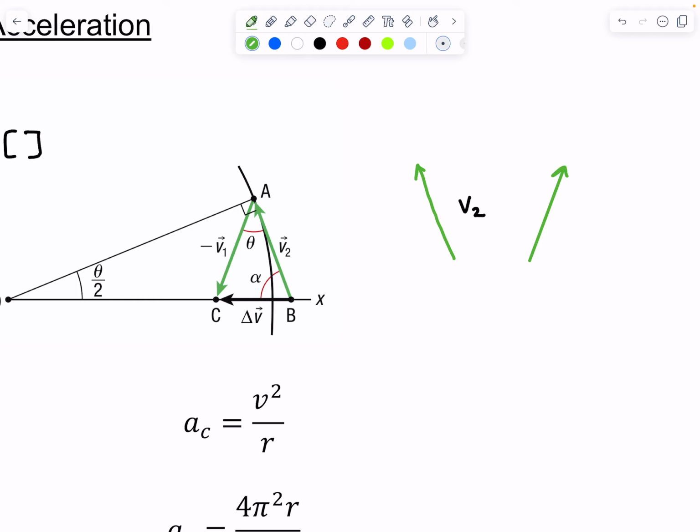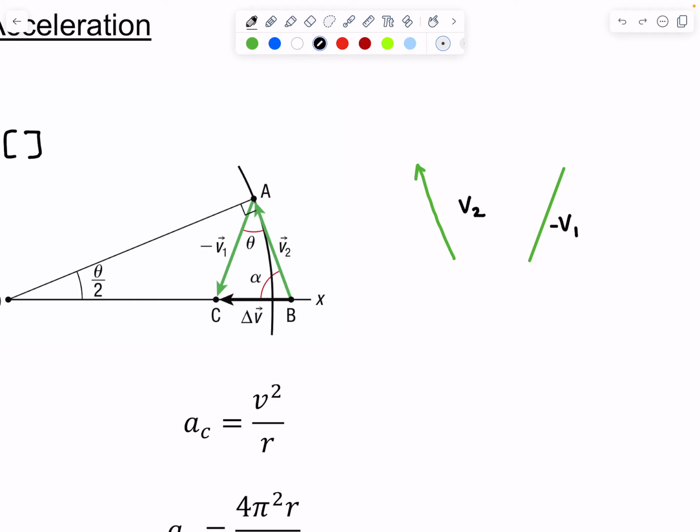Here we have v1 in this direction, but minus v1 would mean that we are changing the direction of v1, flipping its direction.